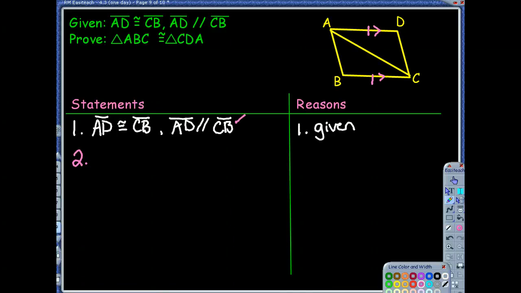I see segment AD is parallel to segment BC, and they have a transversal AC. Segment AC cuts both of those. And I see some alternate interior angles. The ones that are going to be helpful to us, because those are the only ones parallel, are angle DAC and angle BCA. So those are going to be congruent.